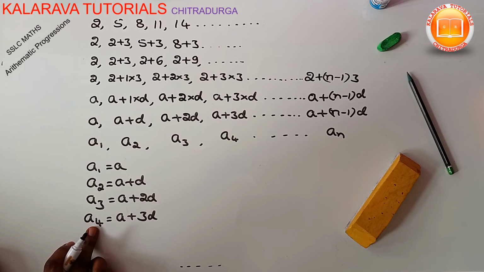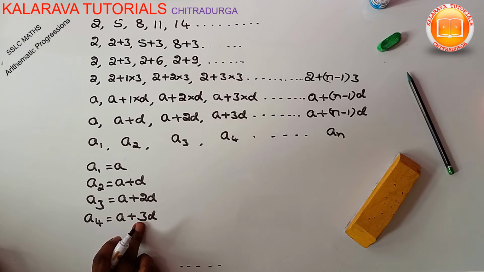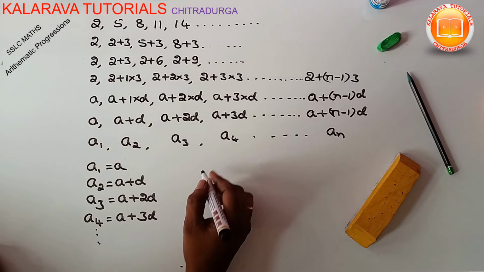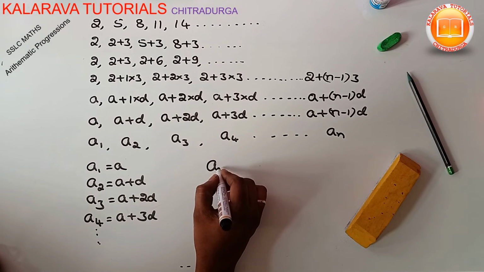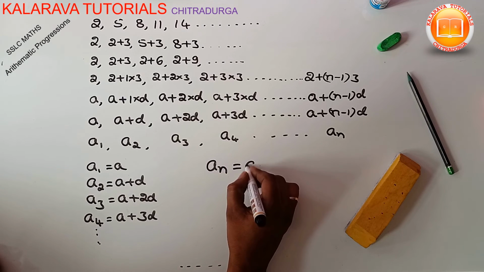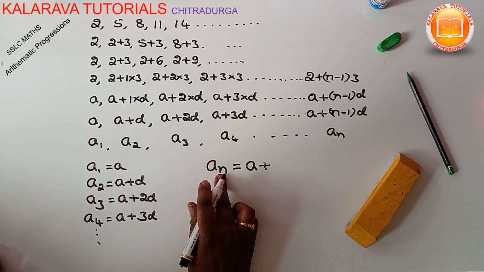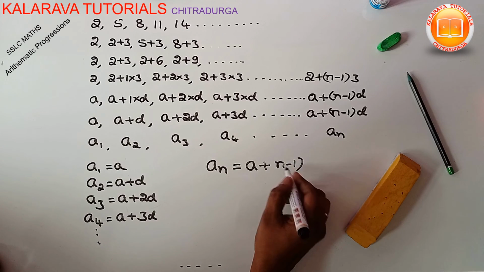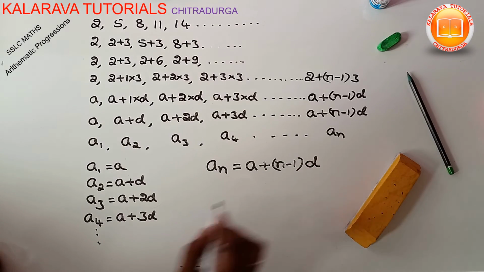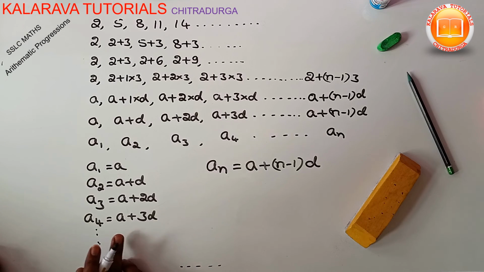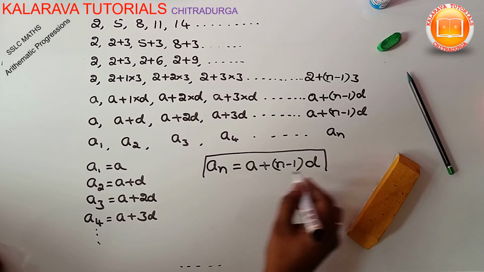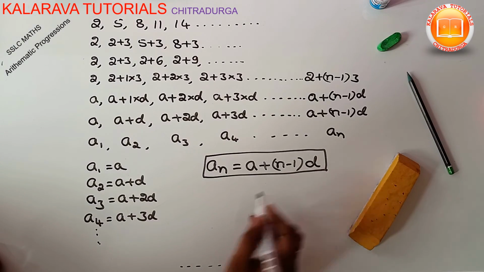That means for any term we add d one less time than the term number. In this way we write the conclusion: an is equal to a plus n minus 1 into d. So this gives you the nth term of the arithmetic progression.